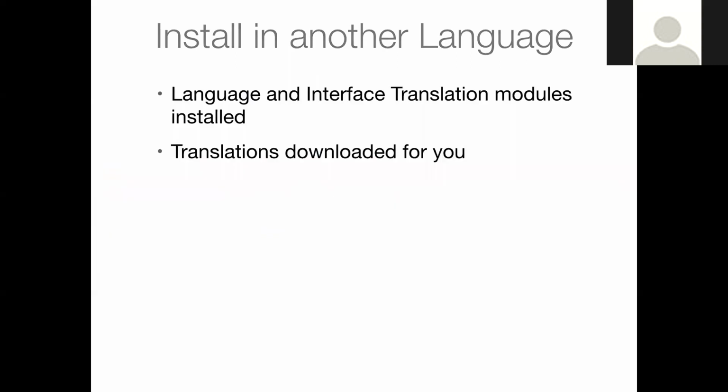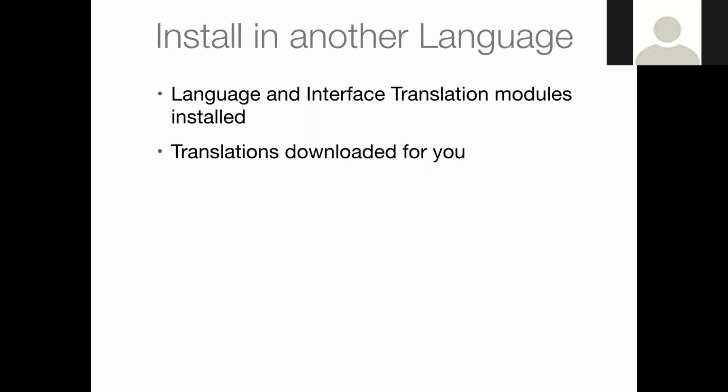Installing Drupal in another language has a couple of effects. First of all, the language and interface translation modules that are part of Drupal core will be installed right off the bat. You don't have to install any extra modules, and those translations will be downloaded for you. Then you just have to go about setting up your website in that language.